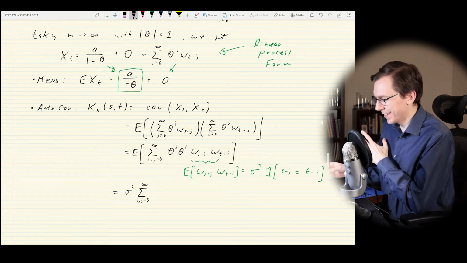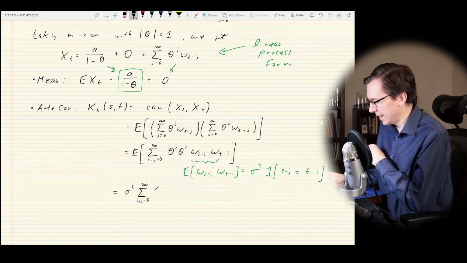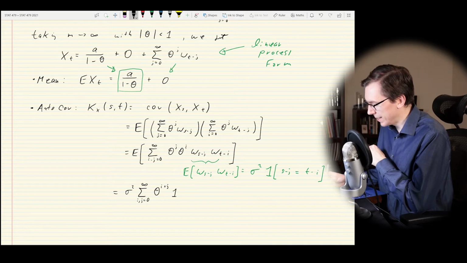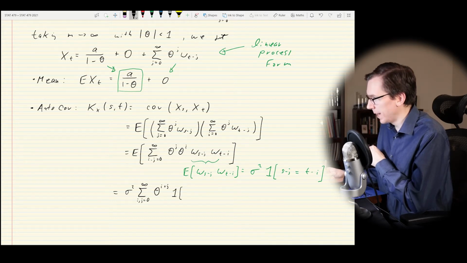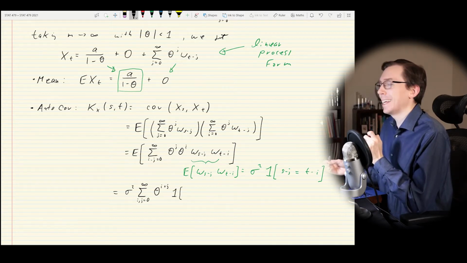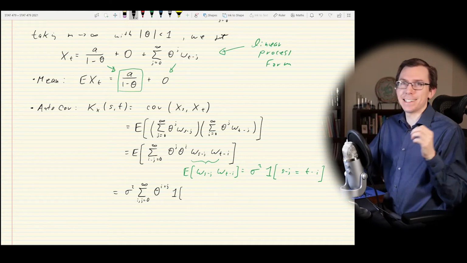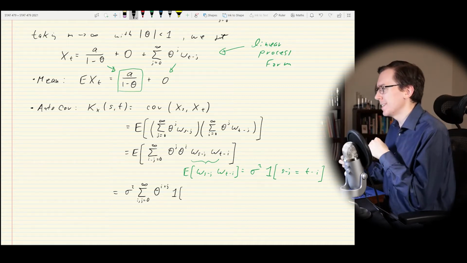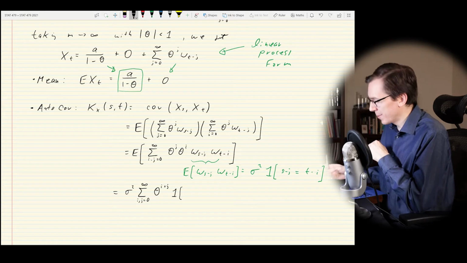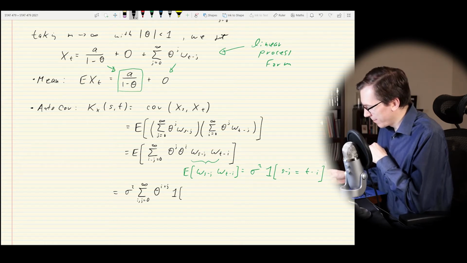So what we'll have here is theta^{i+j}, and we have this indicator function, which I can actually rewrite, because again, it's just saying s minus j is equal to t minus i. So if I rewrite this, what I get is s minus t is equal to j minus i.